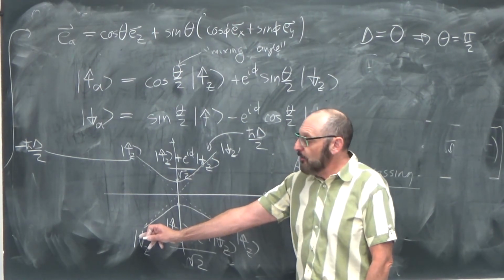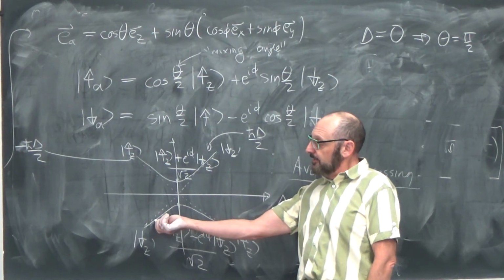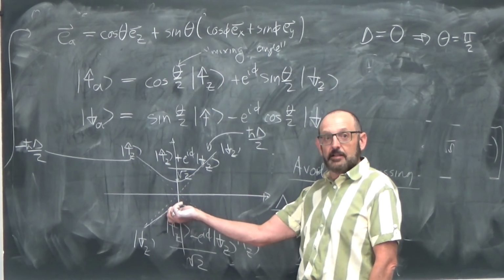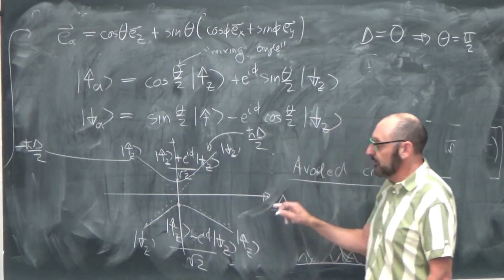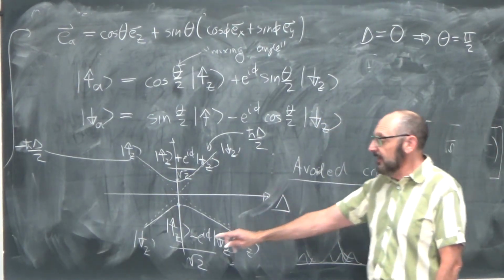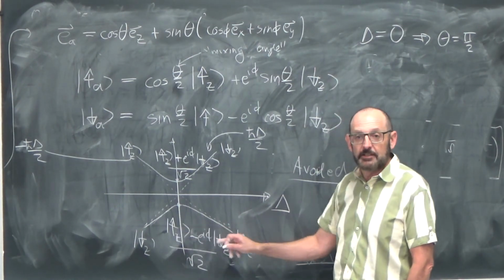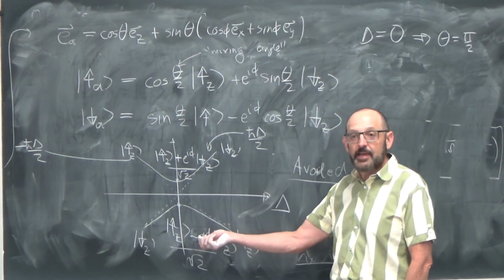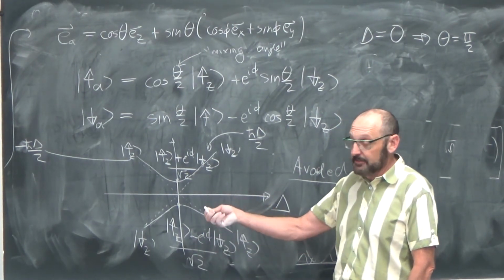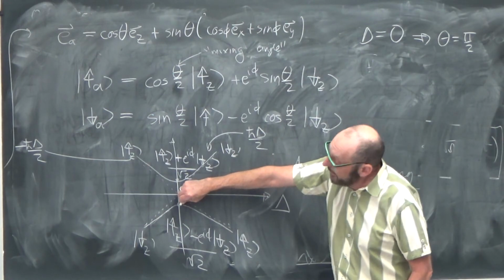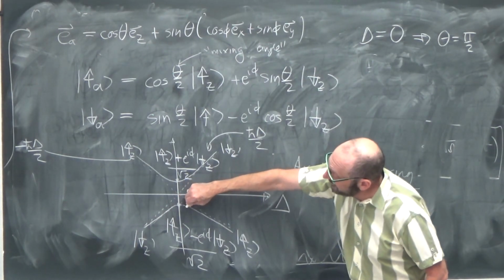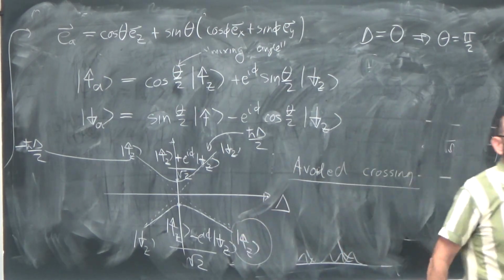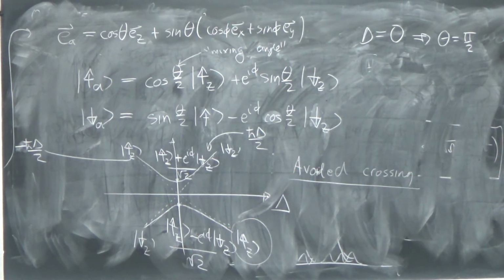Now as I sweep the detuning, the nature of the ground state is changing. Right here at 0 detuning, the ground state is a 50-50 superposition of spin up and spin down with particular sign and phase that depended on the phase of the applied field. And as I continue to sweep through resonance to the blue side, all of a sudden I come up on the other side, spin up.